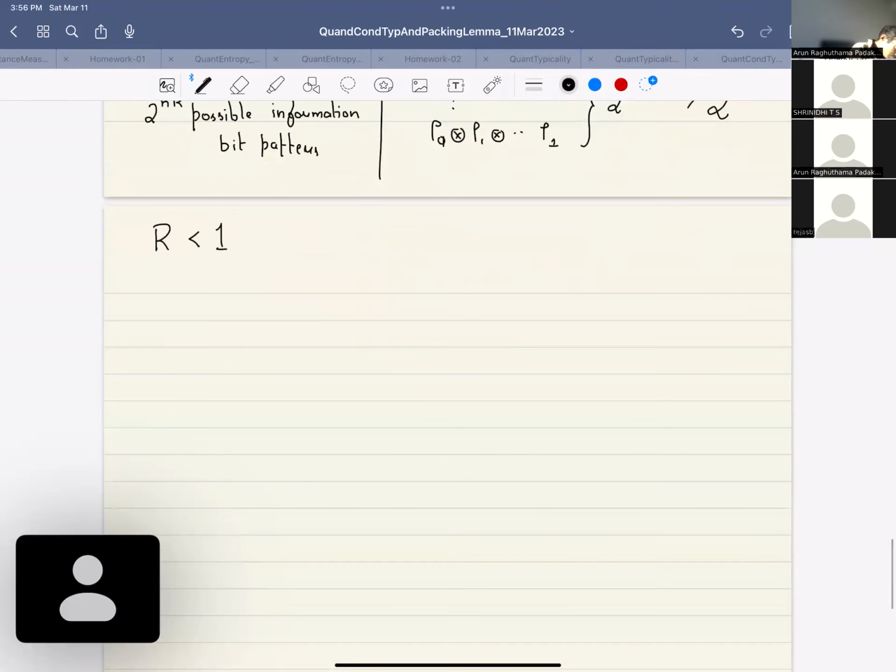So what does it mean? Choose what we will call code words. Xn of 1, which is essentially x1 of 1, x2 of 1, an n length binary string for the bit combination 1.